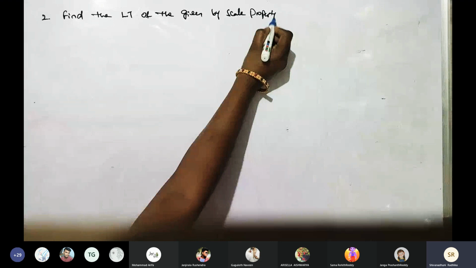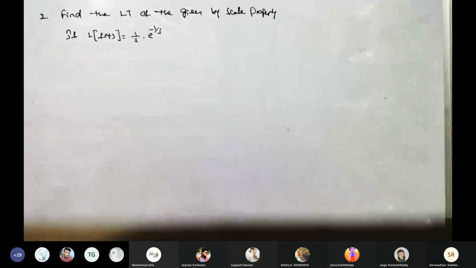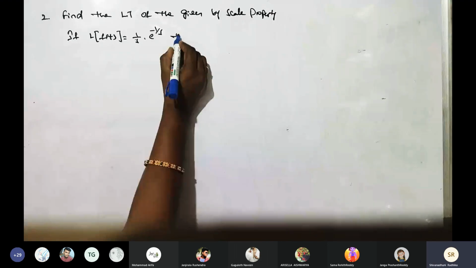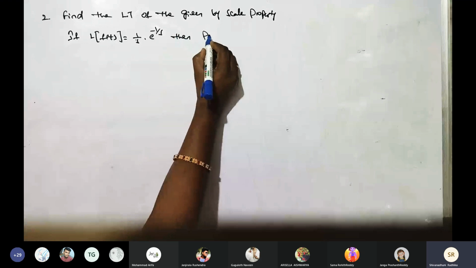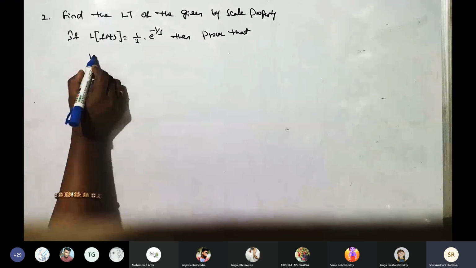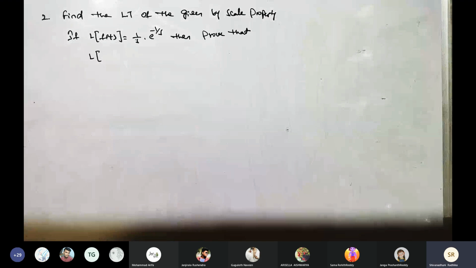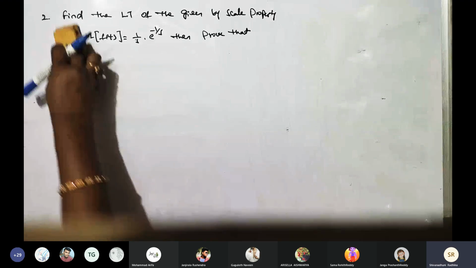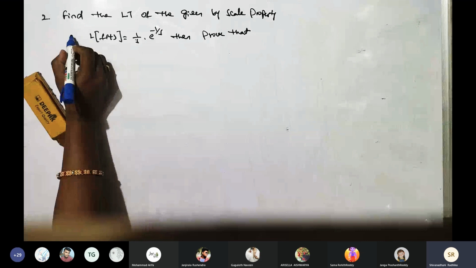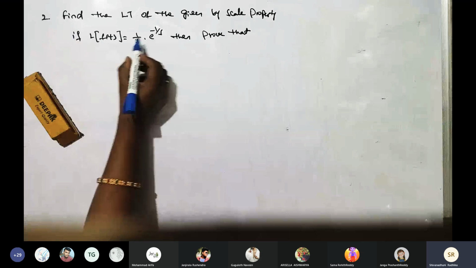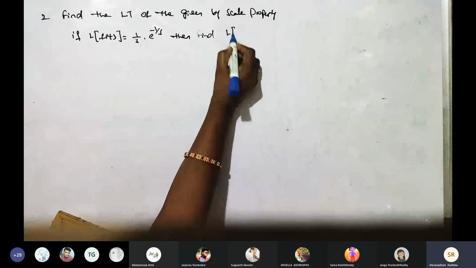Here, if L of f of t equals 1 by s into e power of minus 1 by s, then find L of f of 4t.